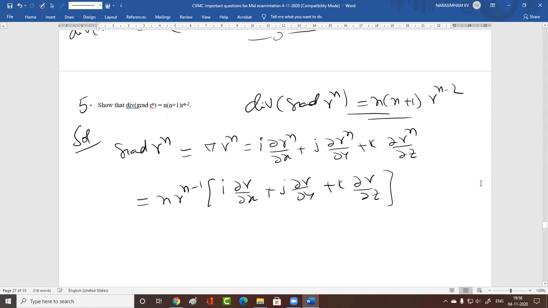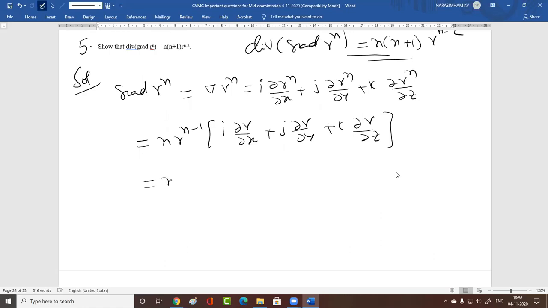Dou r by dou x equals x by r, as already discussed. So xi by r plus yj by r plus zk by r. Divided by r, so this is n r power n minus 2 into xi plus yj plus zk, which is nothing but r bar.